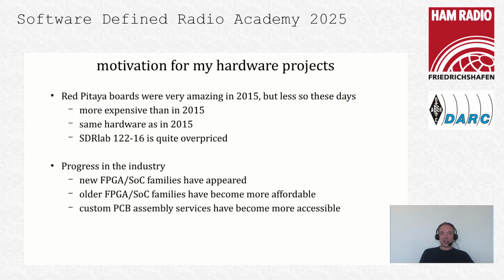At the same time, we had quite some progress in the industry. There are new FPGA and system-on-chip families that appeared. The older FPGA and system-on-chip families are now more affordable than before. And since recently, custom printed circuit board assembly services have become very accessible.